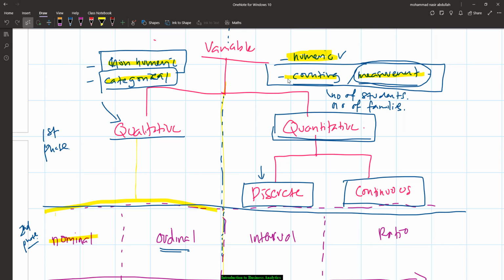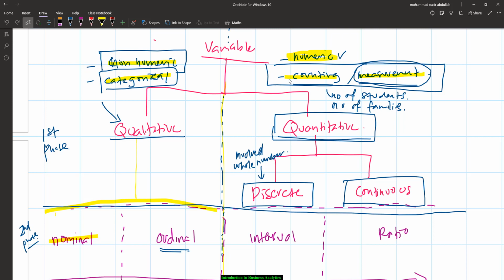If the data can be counted, such as number of students, number of accidents, number of houses, number of families, number of children, it lies under discrete quantitative variable. Nama pun discrete, kan? Discrete means that it involves a whole number. Whole number means that there are no decimal points.